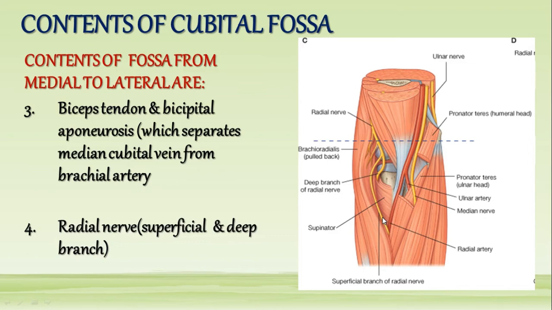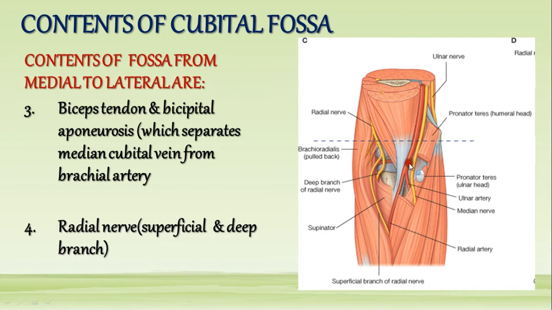So we are going to revise the contents of the cuboidal fossa. We have four contents present in the cuboidal fossa. From medial to lateral, the most medial structure is the median nerve, then brachial artery, biceps tendon and the radial nerve.